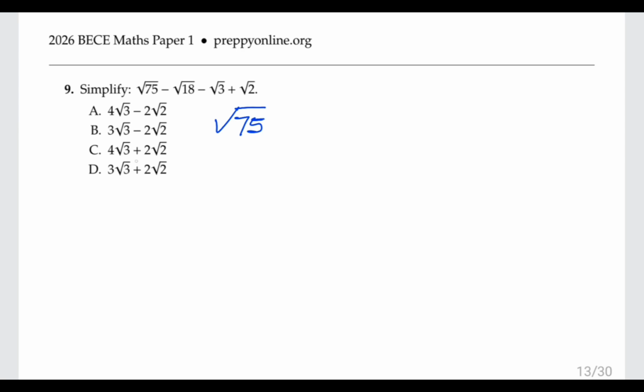So for instance, the square root of 75, if we try to write it as a product of a perfect square times a number, a perfect square that we can use is 25. So square root of 75 equals, because 75 is equal to 25 times 3, we can write this.